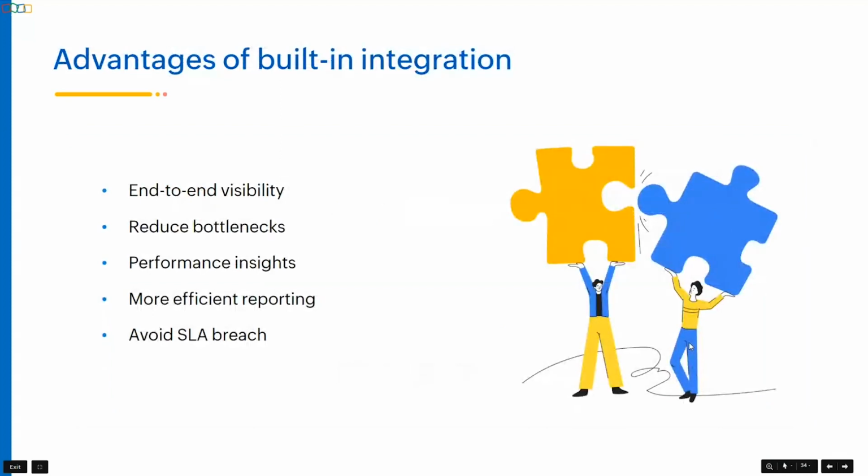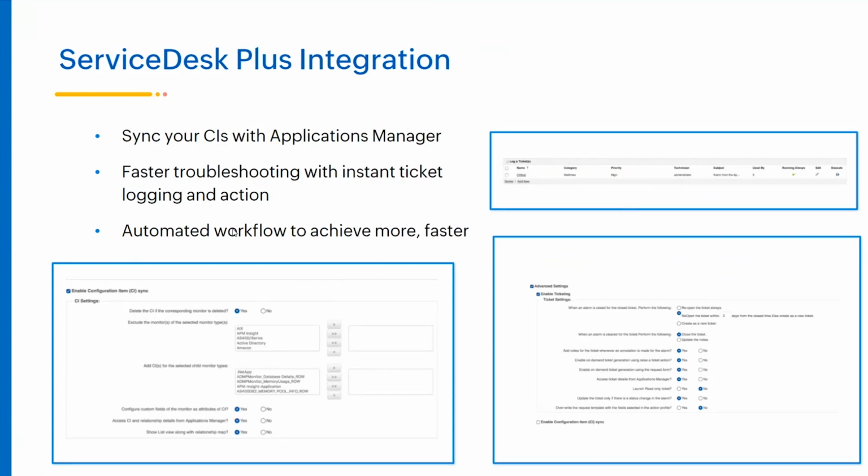So what are the advantages of built-in integrations? You get end-to-end visibility. You'll also be able to reduce performance bottlenecks. You get a lot of performance insights into the applications, with more efficient reporting, and you can also avoid SLA breaches.